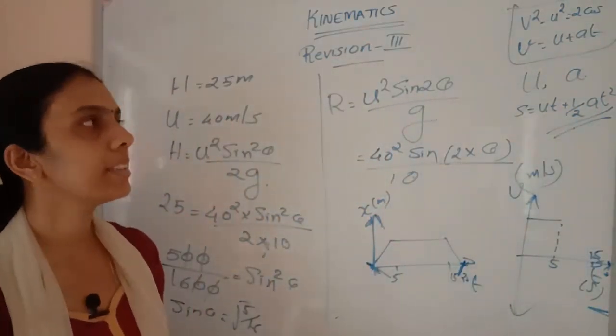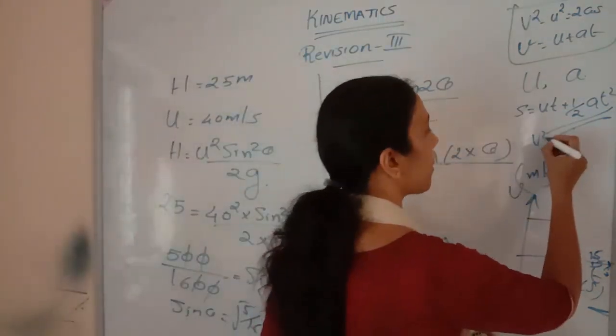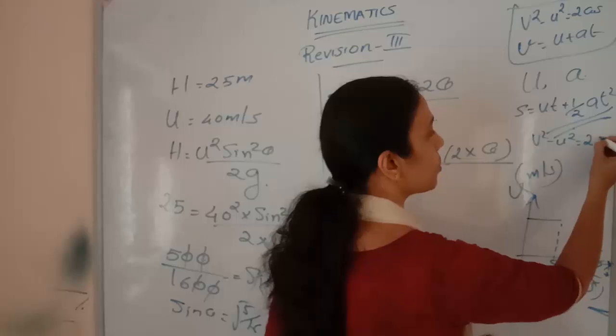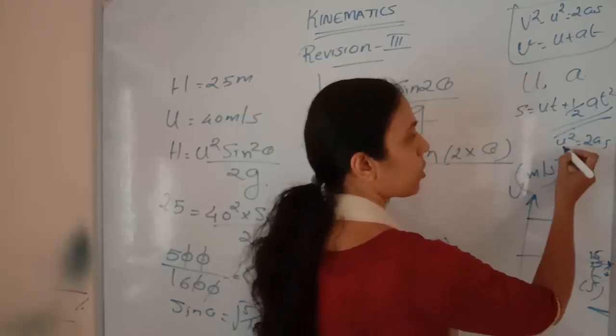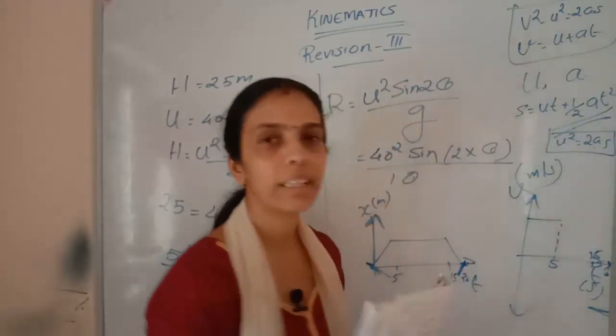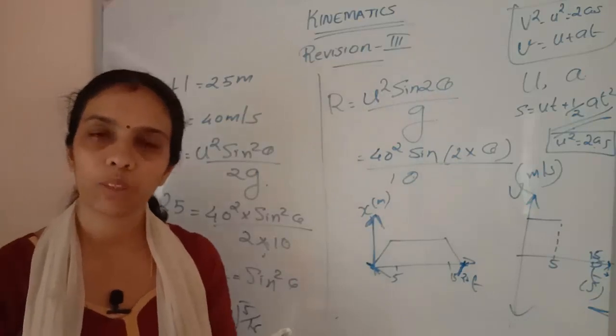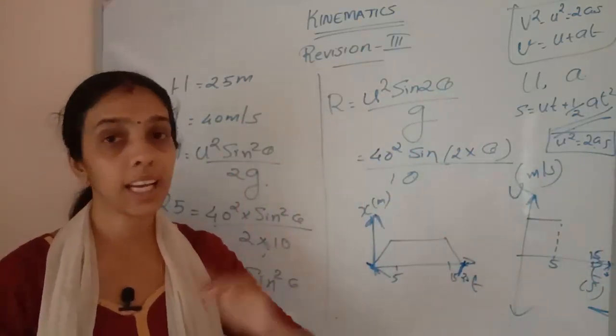Or you can write it as v square minus u square equals 2as. Since it is coming to rest, v is equal to 0. So u square equals 2as, and s is equal to u square divided by 2a. An object was moving with initial velocity and after some time it stops, and the time is not given.